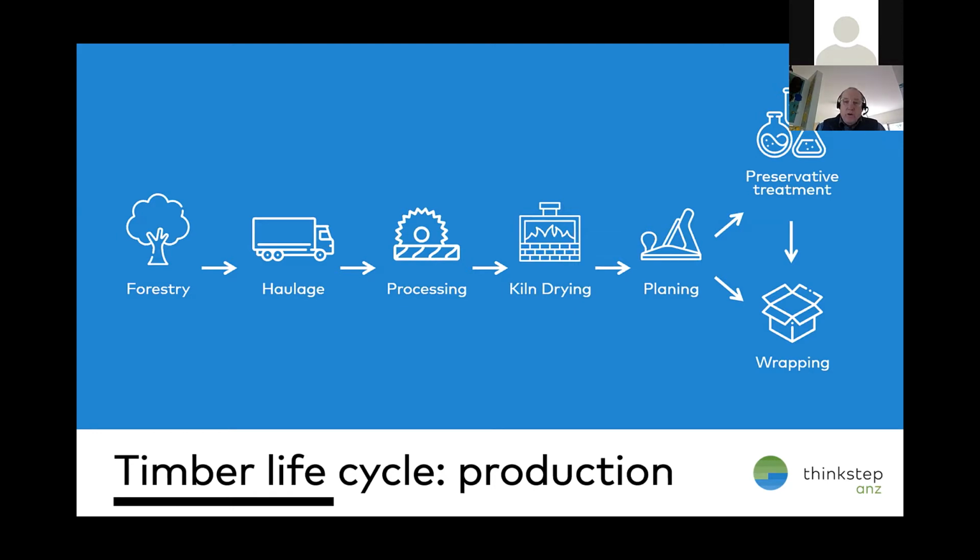Then we've got the haulage to the processing mills, in the case of sawn timber, kiln drying, might be some dressing, might be some preservative treatment and wrapping, and then obviously it leaves the site. This is what we encapsulate in life cycle terms as cradle to gate, so up till the time it leaves the production site.